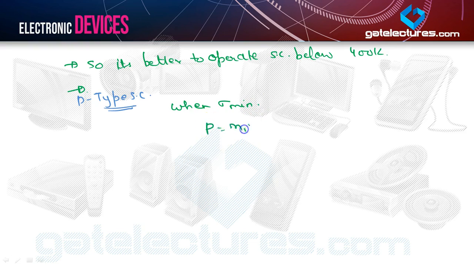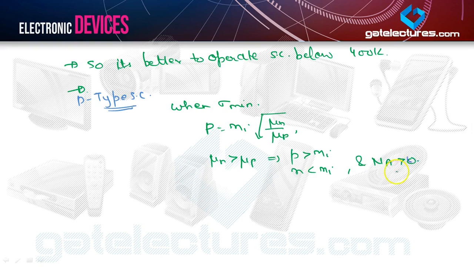P will be equal to Ni times the square root of mu n by mu p. We know that mu n is greater than mu p. So this implies that p will be greater than Ni and n will be less than Ni. Understood? And your Na is a positive value, so this is satisfying, so there is no effect.